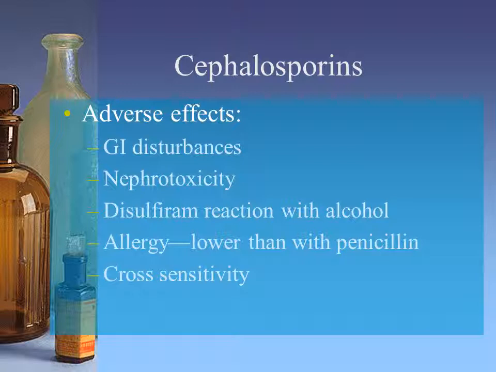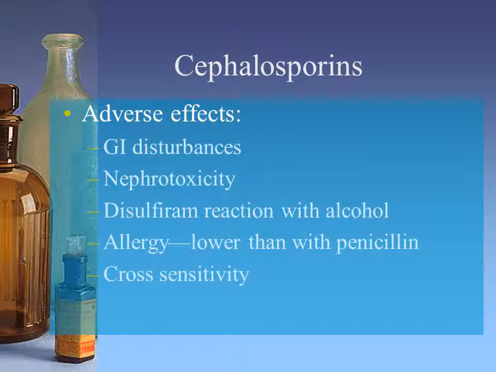One of the things we need to watch with particularly first generation cephalosporins is something called nephrotoxicity, which is damage to the kidneys. So we need to make sure patients are staying hydrated when they're taking these so they don't get damage to their kidneys. And anybody who may already have some kidney damage, we might want to avoid these in.